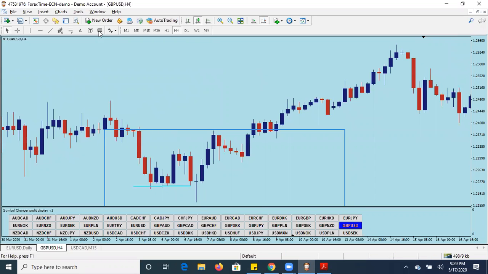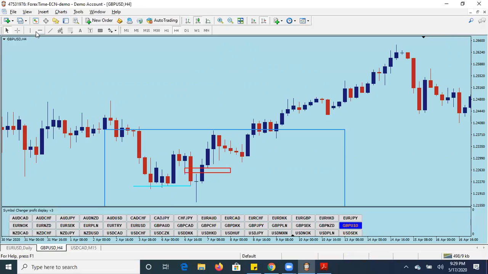So in this case, we had something here, right? We had this gap here. And oftentimes, when this happens and price returns back to this zone, you should expect an explosive rejection.